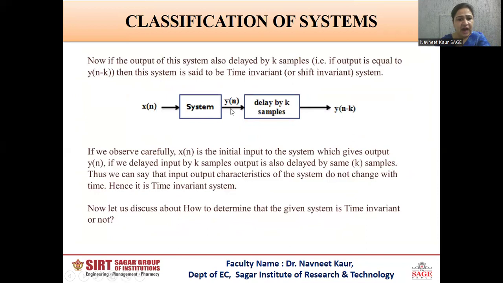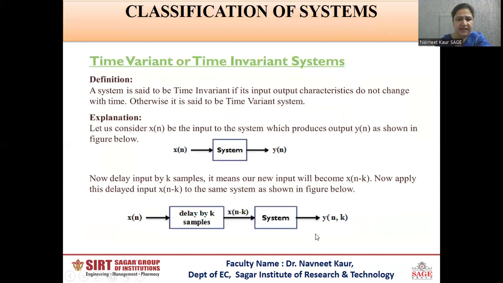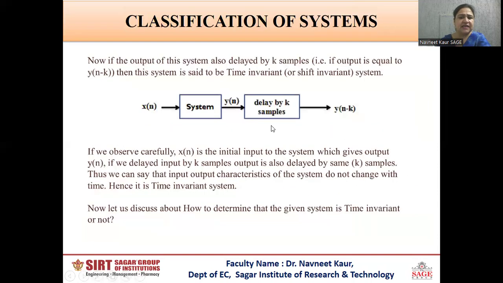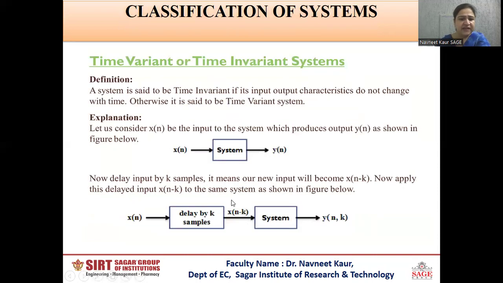Now, if the output of the system when x(n) was given to the system is also delayed by k samples, I'll get y(n minus k). If this y(n minus k) is equal to this y(n, k), then I'll say that the system is a time invariant system. That means, in other words, if I delay the input and give it to the system, then I'll get the same output, but it will also be delayed by k units.